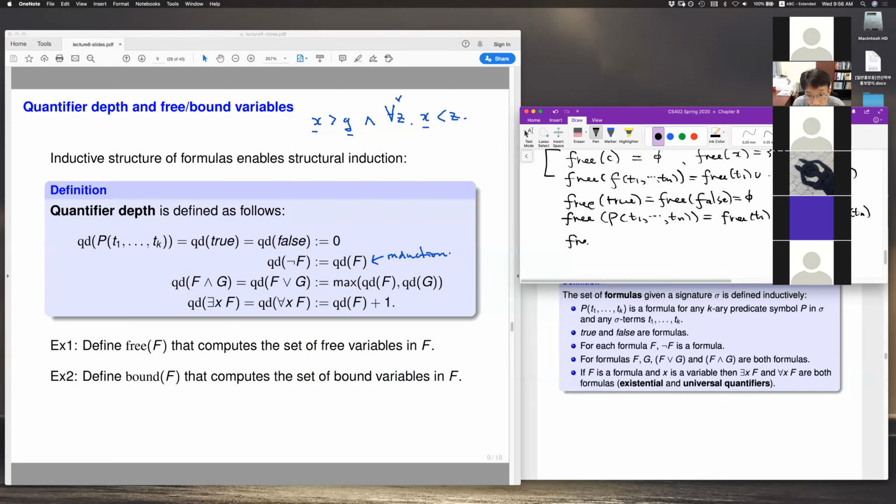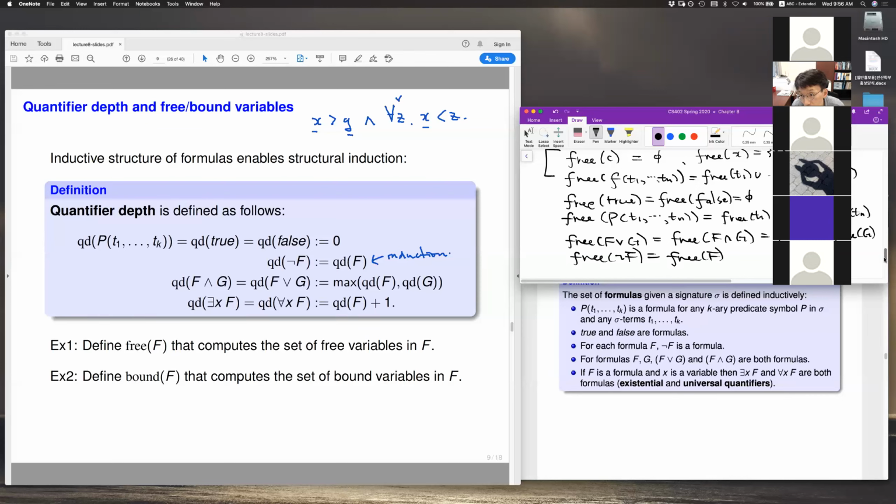If you have free of f disjunction g, or free of f conjunction g, then it's just free of f union free of g, and free of negation of f is the same as free of f.